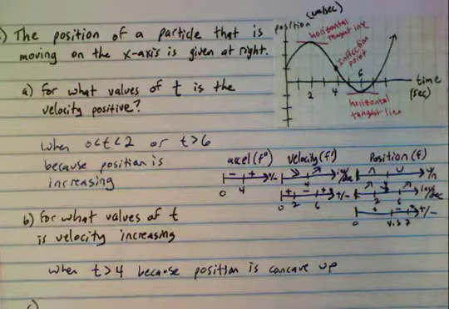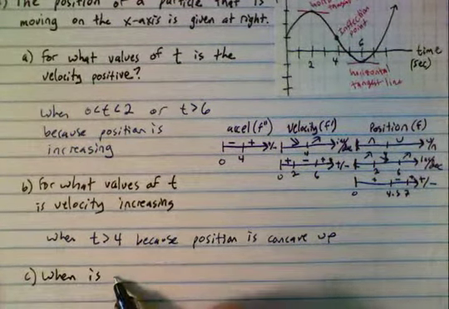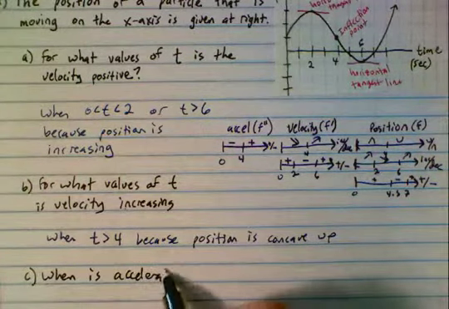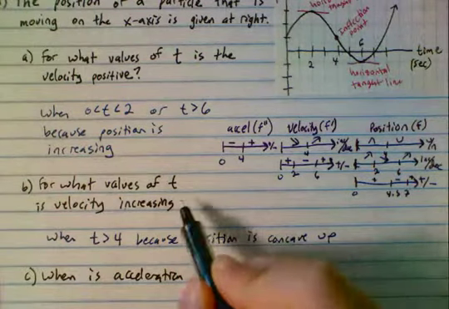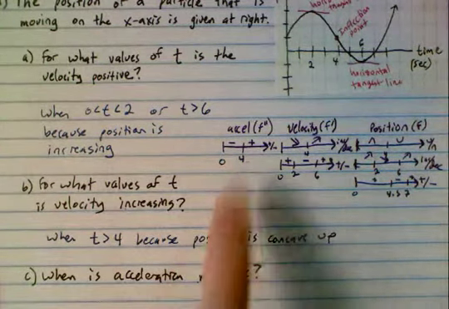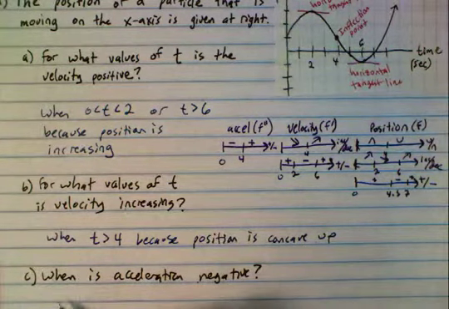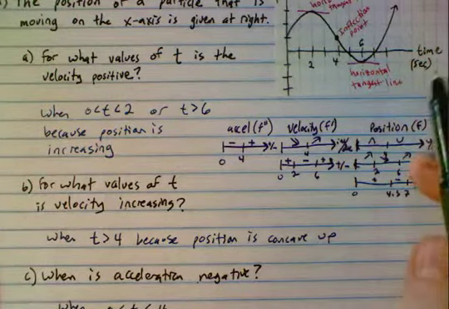Notice we can also be asked about acceleration. When is acceleration negative? Well, here. When t is between 0 and 4. Oh, I really ought to be putting the units in here.